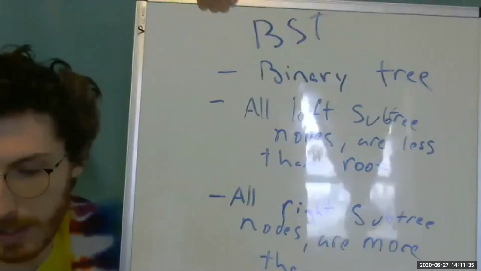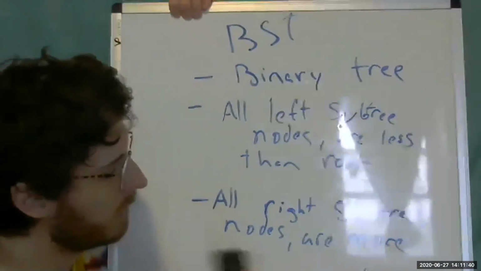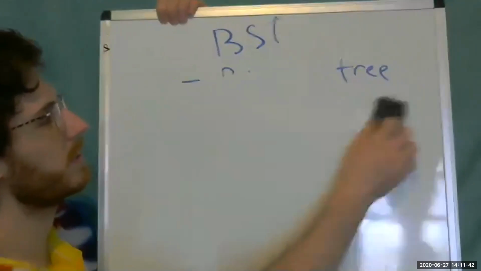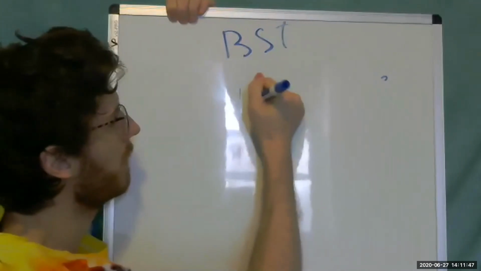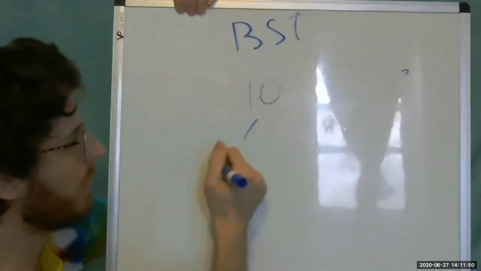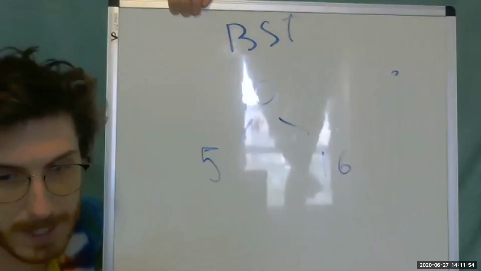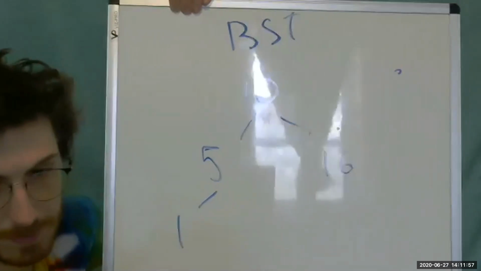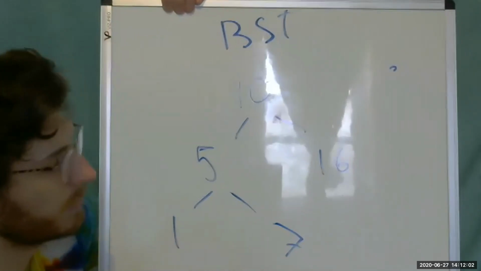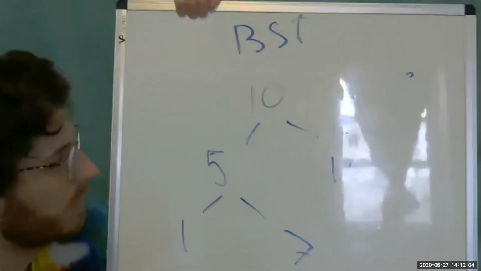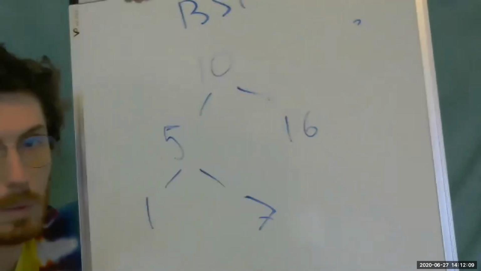Okay, so let's go ahead and make a binary search tree. Okay, so let's say I start with a 10. I have a 5. I have a 16. Right? I have a 1. I have a 7. And maybe that's it for now. Okay. This is a binary search tree, right?